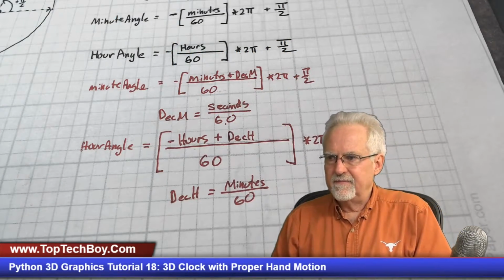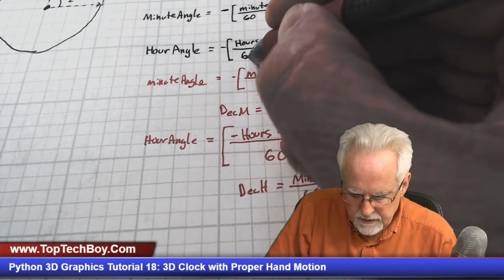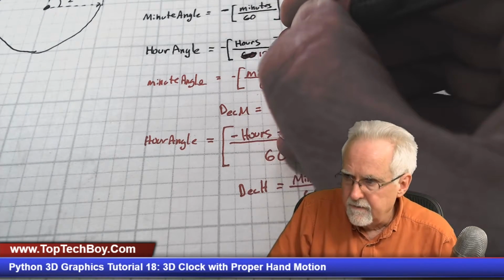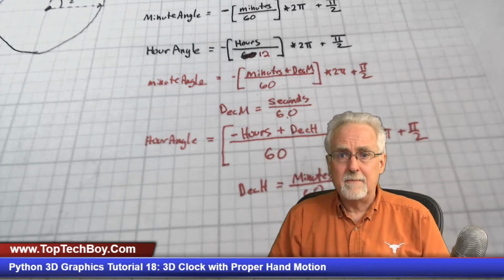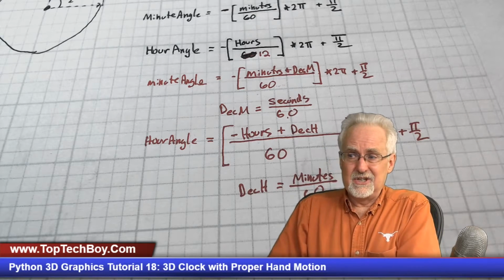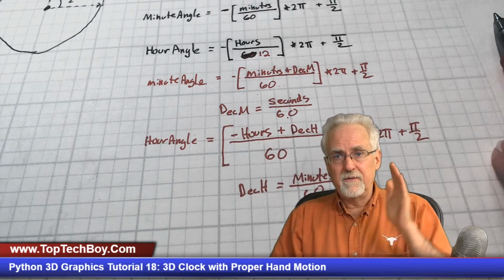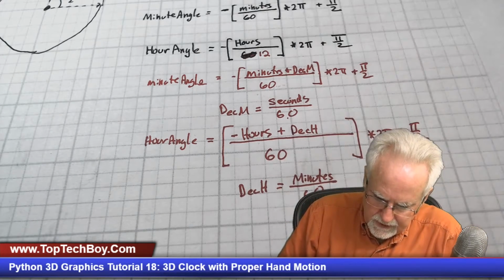How many hours are there? Well, there are 12. So the hour angle is hours divided by 12, times 2 pi, because it's 12 hours to get you all the way around. If I'm at 6 o'clock, 6 divided by 12 is half, so I'm halfway around. So I made a little typo there.